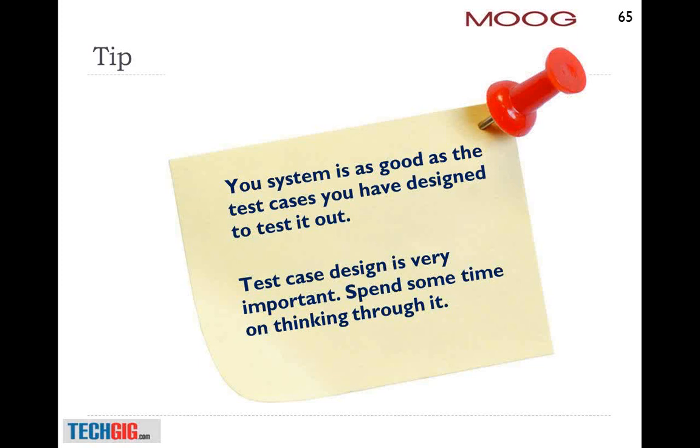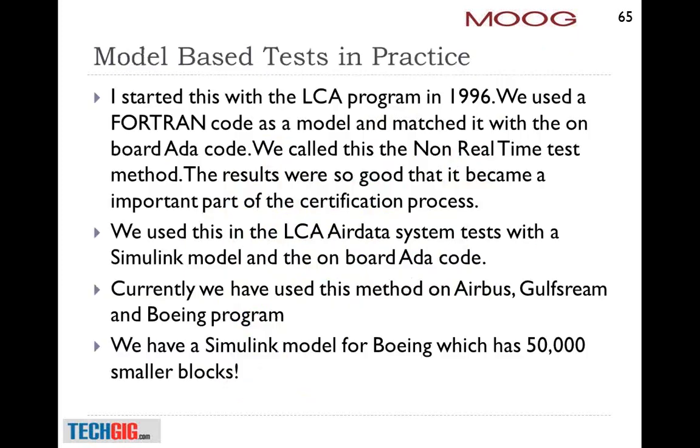So what is important is that you have to have test cases that test the systems. The test case that you do should be testing your system rather than just the code. So test case design is very important here. You should spend a lot of time thinking through how you are going to test the system, not just the software alone.